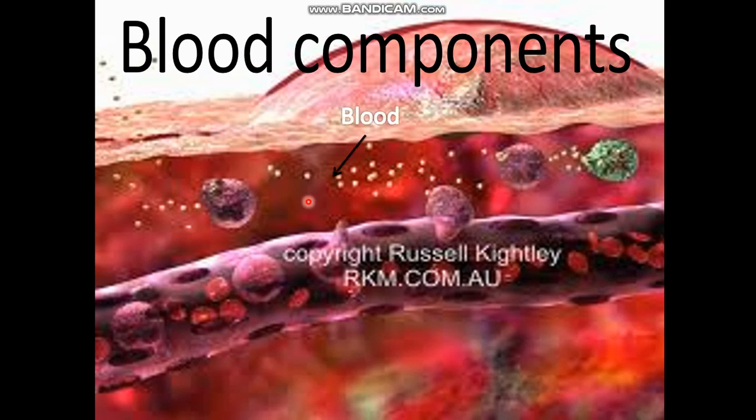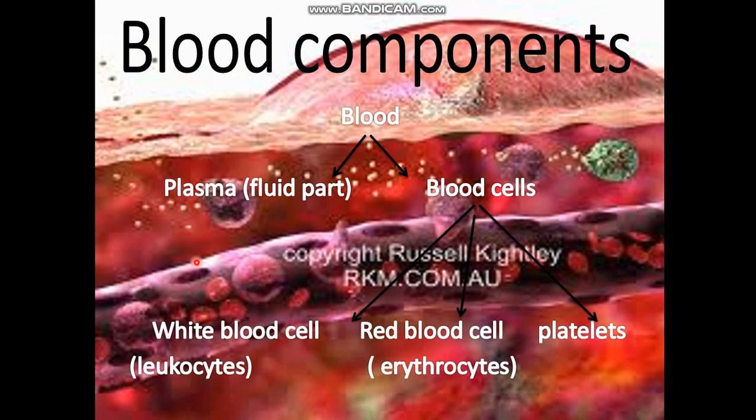Blood is made up of plasma, which is the fluid part, the liquid part of the blood. Write this slide in your copybook. And the blood cells, which are the solid part. As we explained before, the blood cells are the white blood cells or leukocytes, red blood cells or erythrocytes, and platelets.